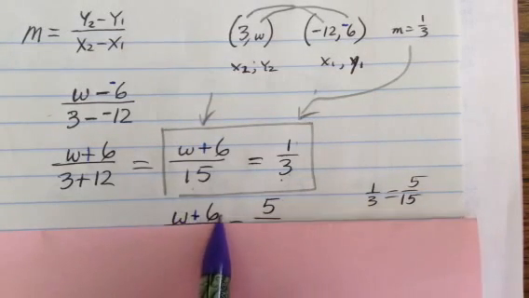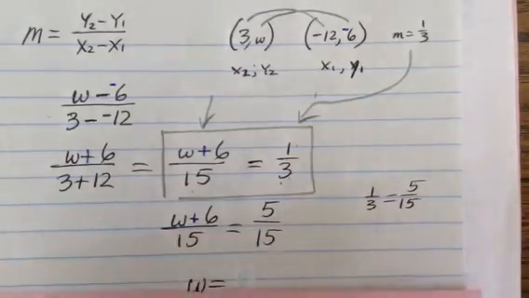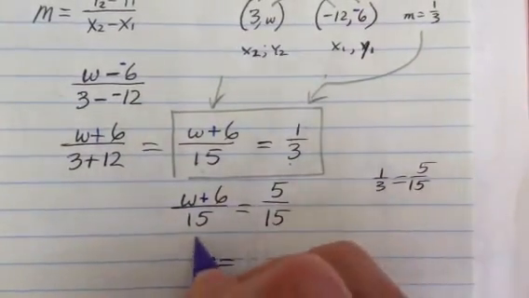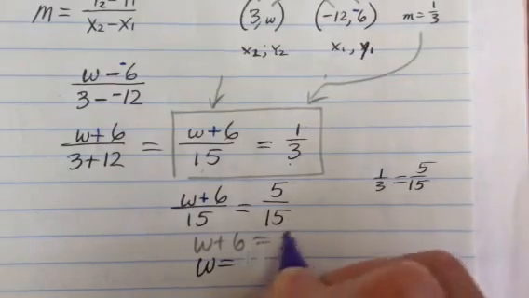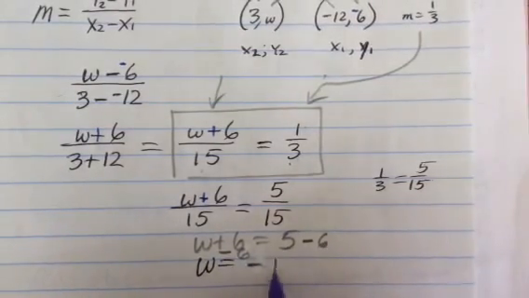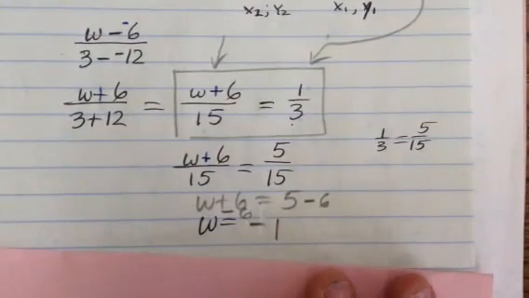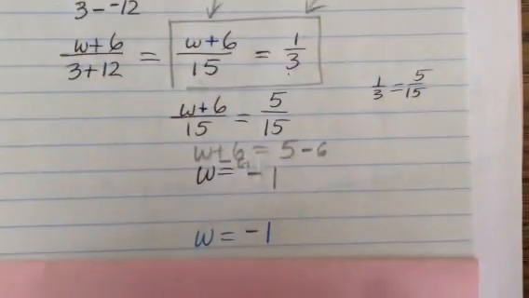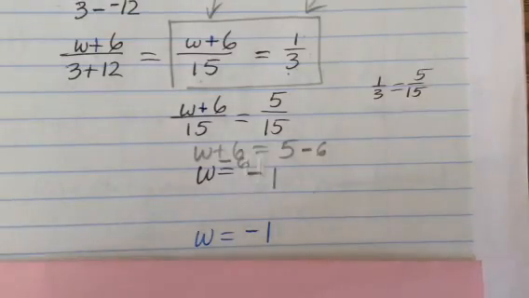What number plus 6 is equal to 5? So we do w plus 6 equals 5. How do we solve that? We subtract 6 from both sides, and we get w is equal to negative 1. 5 minus 6 is negative 1. So w is equal to negative 1.